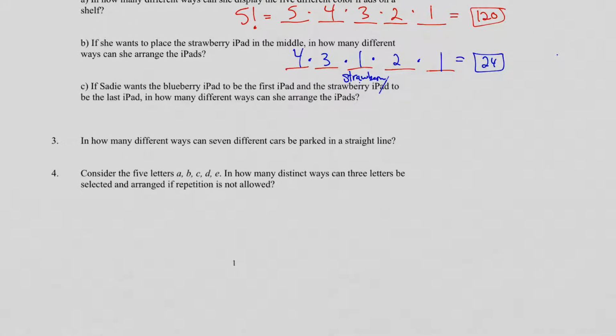Okay, now she wants the blueberry on the first spot and the strawberry in the last spot for whatever reason. Okay. So guess how many options she has for each one? Well, blueberry, that first spot is only 1, and the strawberry is only 1. There's only 1 blueberry and there's only 1 strawberry. All right, so she has 5 total iPads.